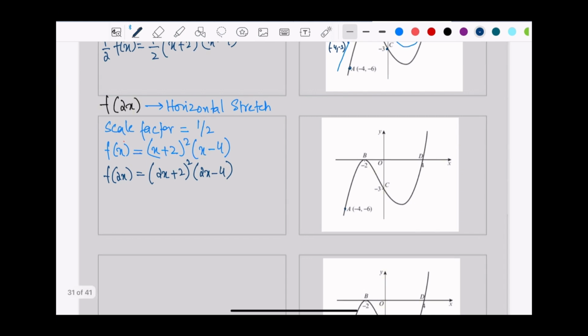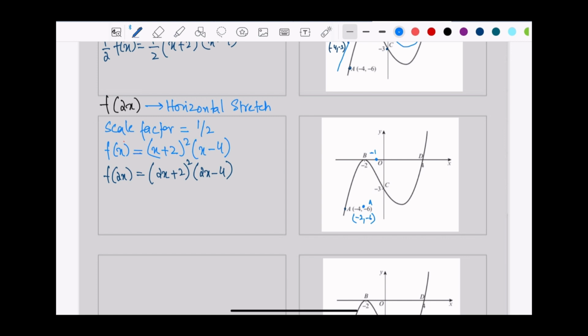So point A will be lying somewhere here now, and you can write this as negative 2 comma negative 6. Point B, which was at negative 2 comma 0, so negative 2 divided by 2 gives you negative 1 comma 0. So this is where point B lies.